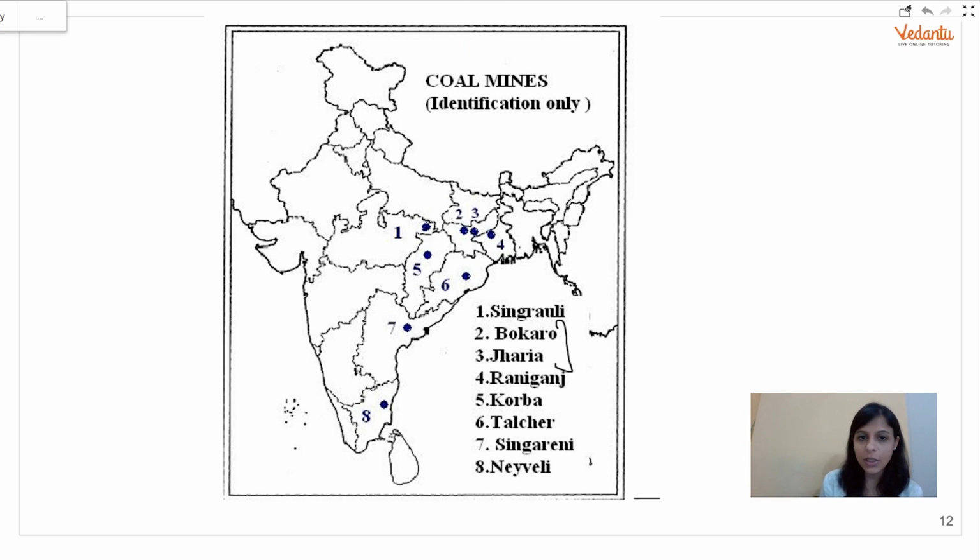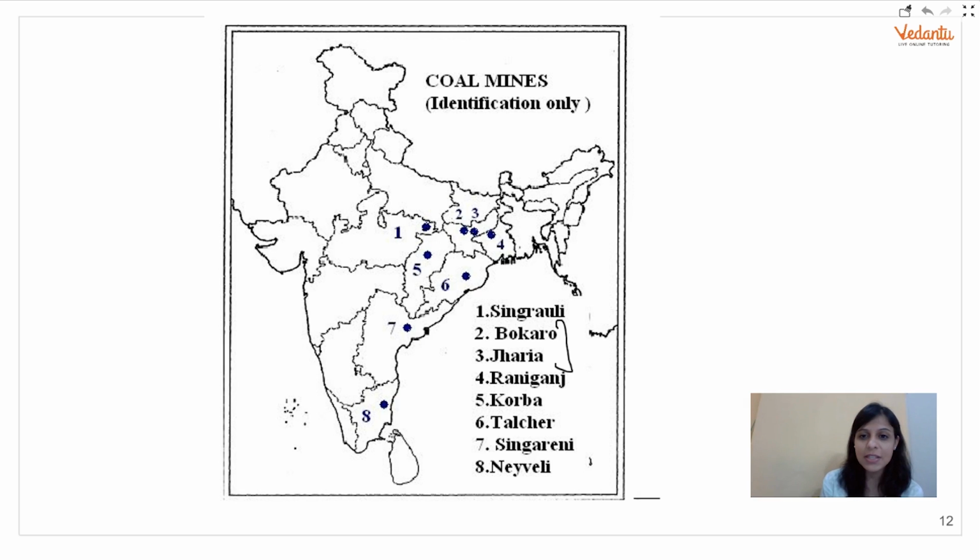So Singrauli is right here in Madhya Pradesh. Bokaro and Jharia are in Jharkhand. Then you have Raniganj, very near to the border. Here you have Raniganj, again an important coal mine in West Bengal. Then you have Korba, not Cobra. So Korba is in the state of Chhattisgarh right here.